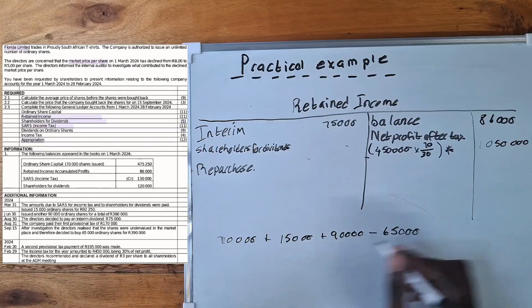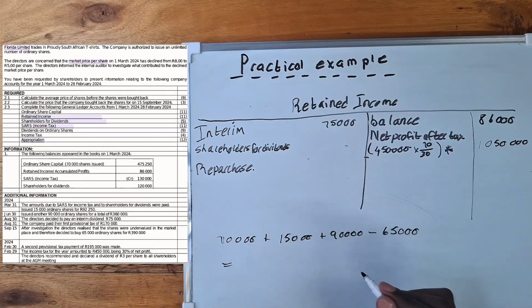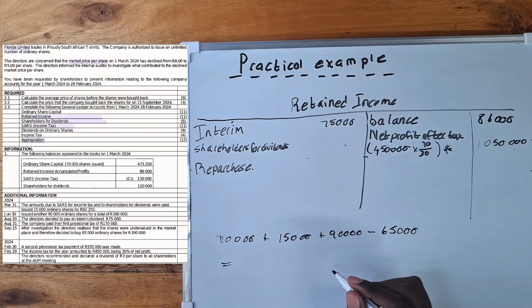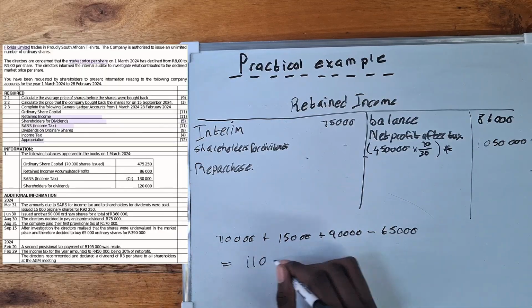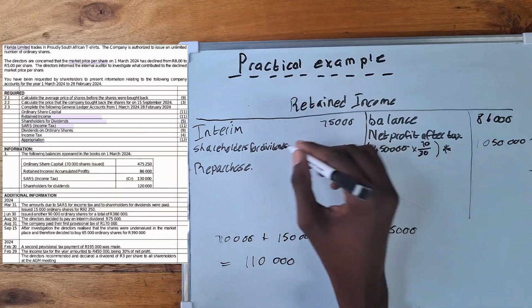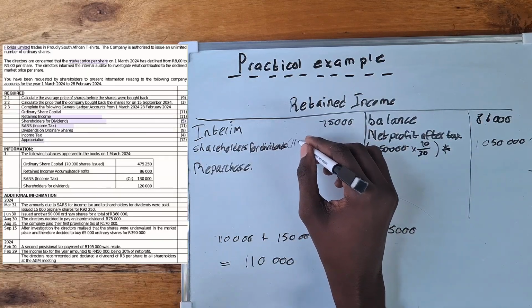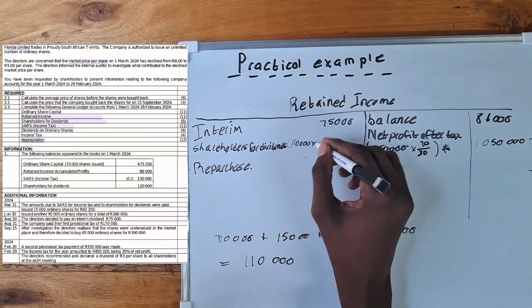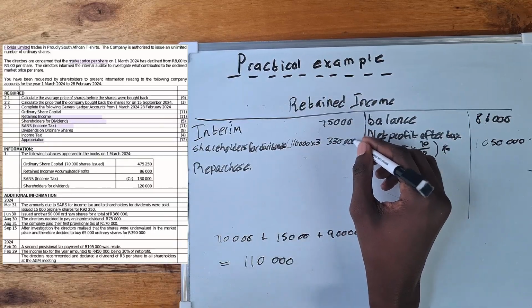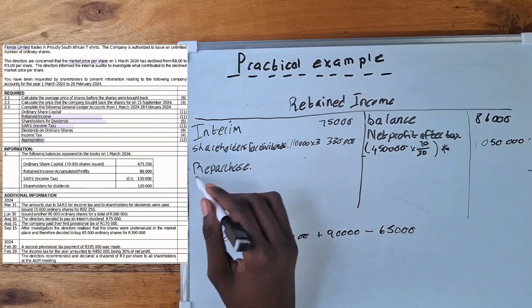So this should give us 110 shares, right? And so all we need to say here with showing our calculations is 110 times 3, which is 330,000, right?